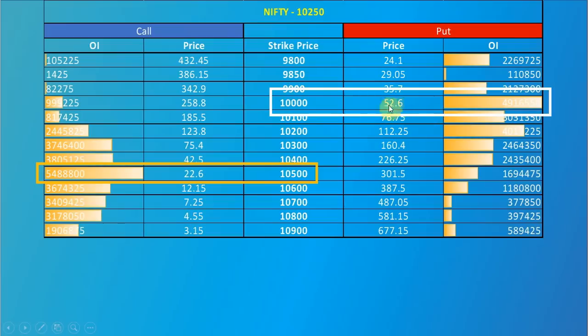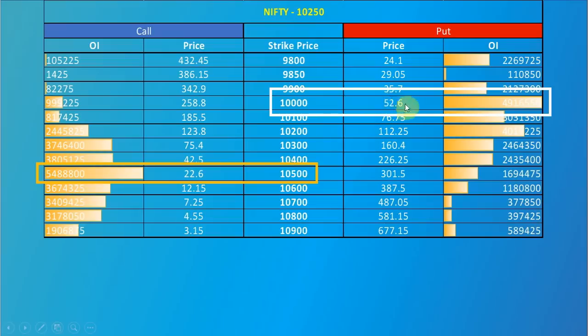By any chance, if I see the premium at, let's say, 100 or 75 instead of 52, if it is much higher, naturally it is lesser than the 10,100 put option. But what I'm telling you is, if this particular put option's premium is high compared to other underlyings, then I seriously doubt it is necessarily because of a short position; maybe it is because of a long position.